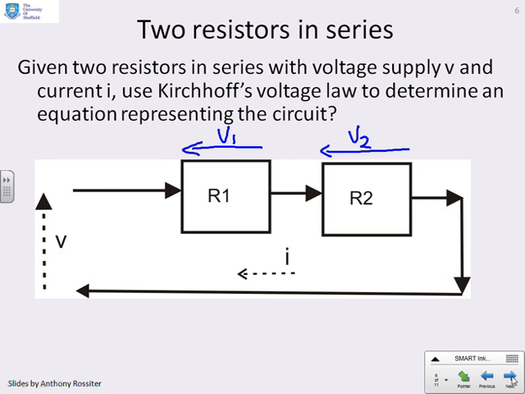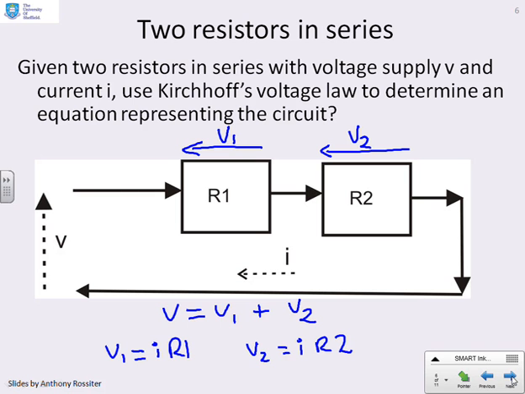Now that I've marked the voltages across each component, I can immediately say, Kirchhoff's voltage law tells me that V equals V1 plus V2. However, I also know the equation for the voltage across a resistor, so I can write V1 equals I R1 and V2 equals I R2.